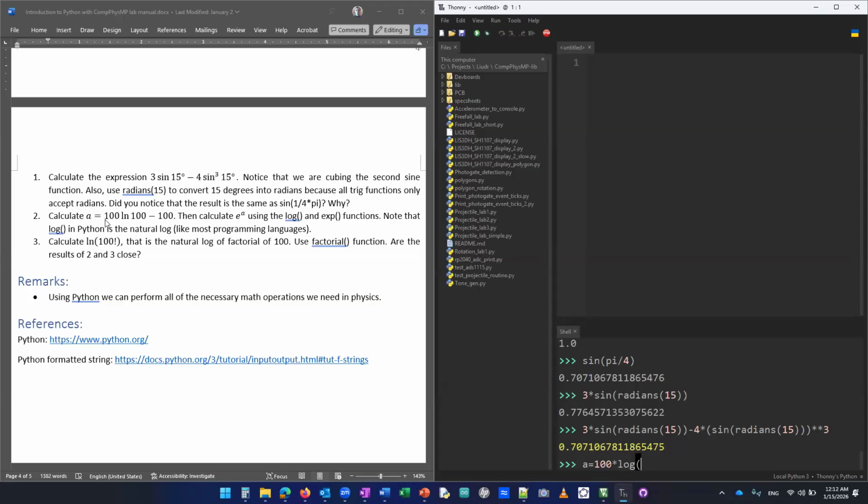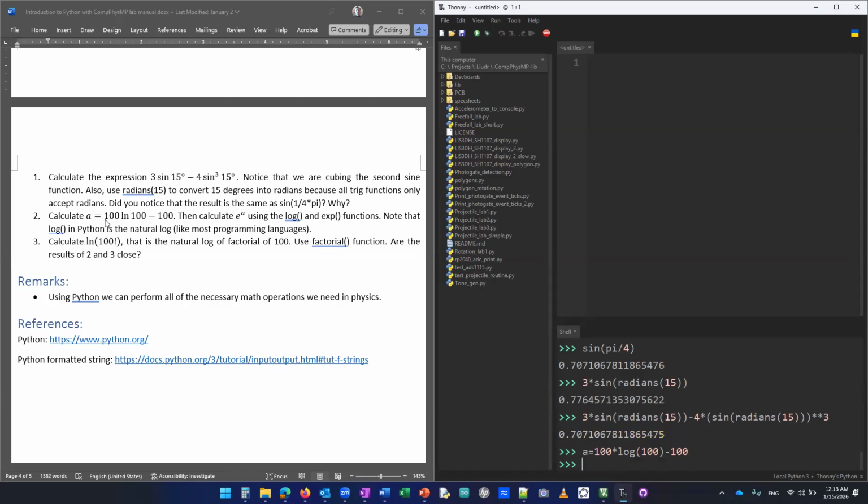Now, if you want 10 base log, there's probably a log function where you type in the base or any base number. So here we have 100 natural log 100 minus 100. Okay, so that's going to be defined as A. Now you can see what it is. Okay, 360.